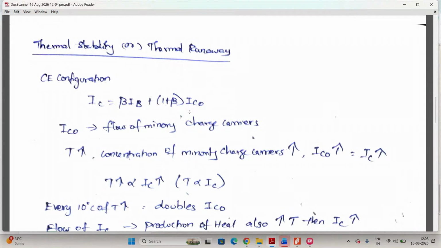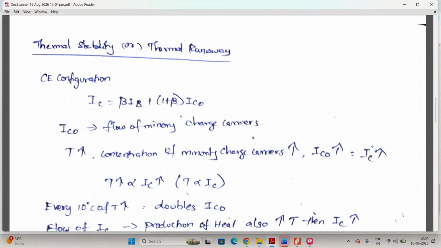If the temperature increases, what happens? Definitely the minority carriers will increase. So the concentration of minority charge carriers increases. That increases your collector leakage current, denoted as I subscript CO. If the collector leakage current increases, that also adds to your collector current. So the overall collector current will be increasing.